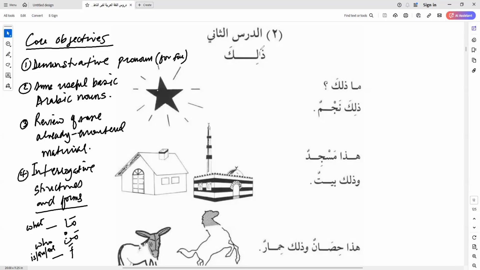Now again, look at the small prolongation or elongation vowel right there. ذلك. It's very tiny. Now, if you see here, look at the circled word. It doesn't have that. And that is the style of this book too.